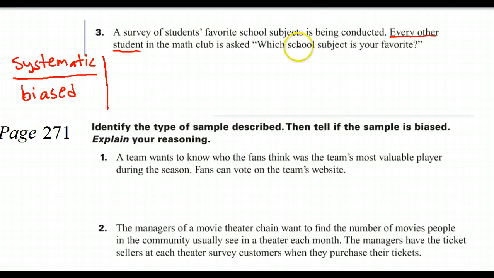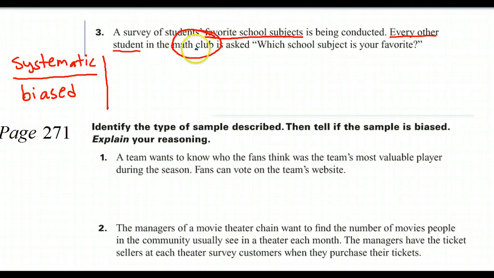Now the main reason why this one is going to be biased, and I'm sure it jumped right out at you, the whole point of the survey is to find out which school subjects are students' favorite subjects, but they're only asking members of the math club.